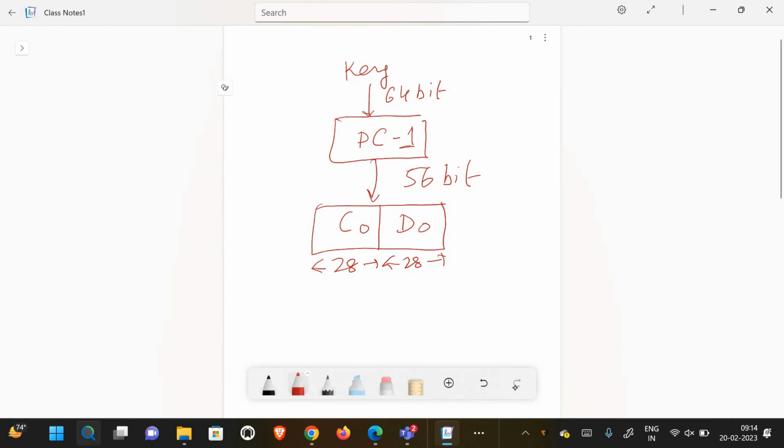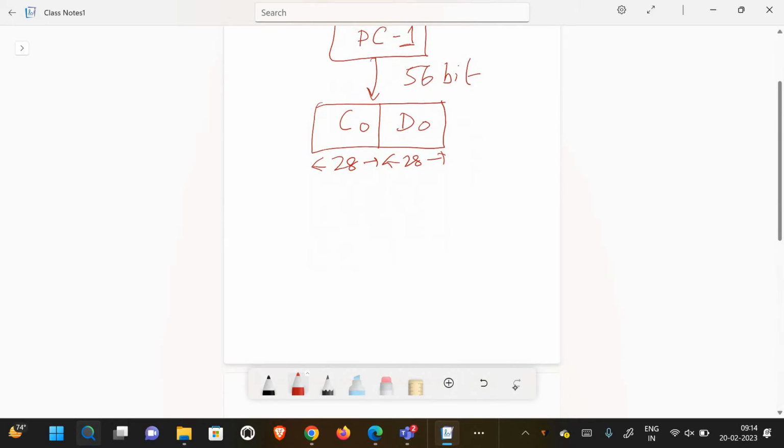And for that, I told already, but just as a reminder, I think I missed it for the F1 slot, there is a certain rule for how and why we are doing it. So the rule is, for the first, second, 9th and 16th round, please make a note, left shift by 1 bit.